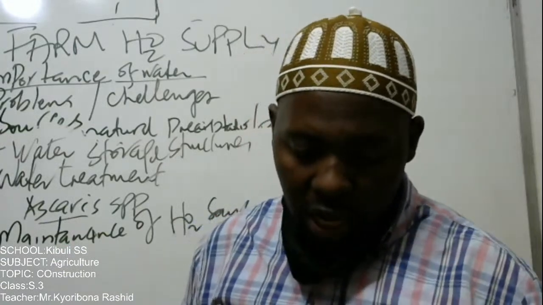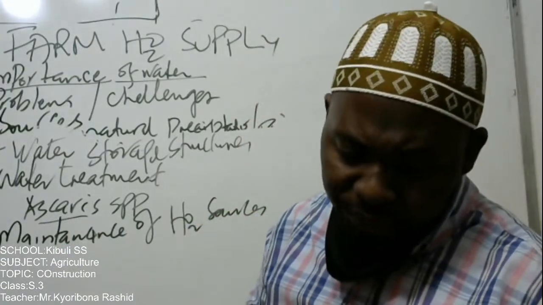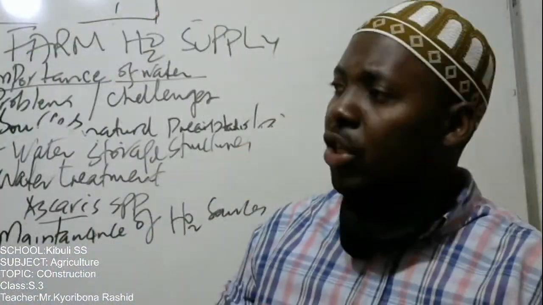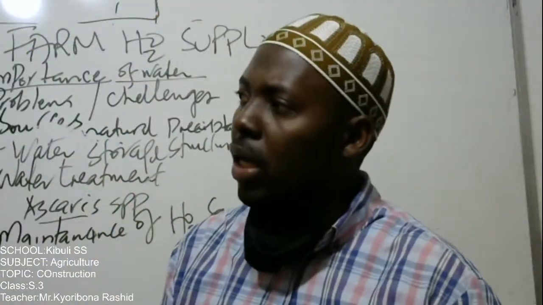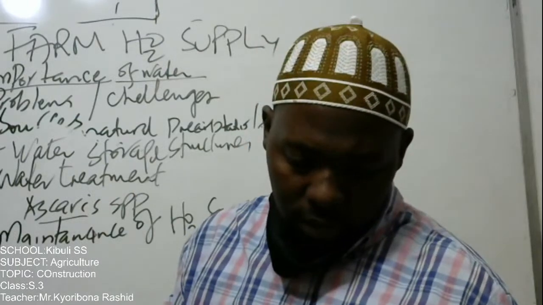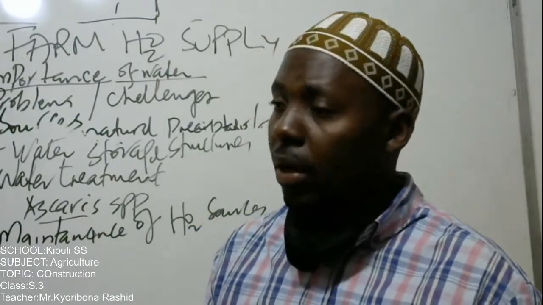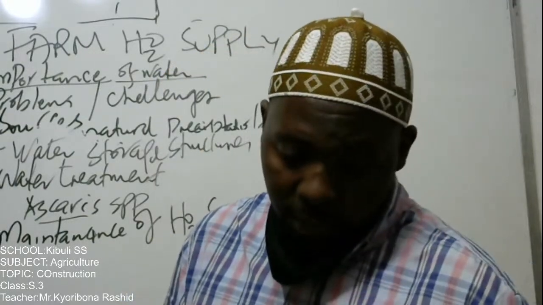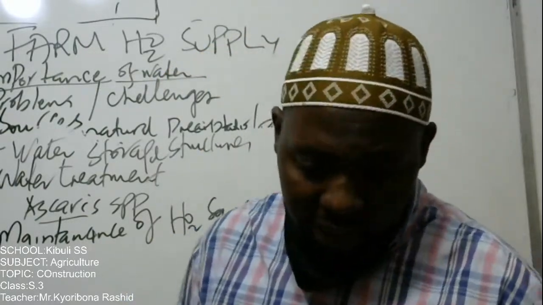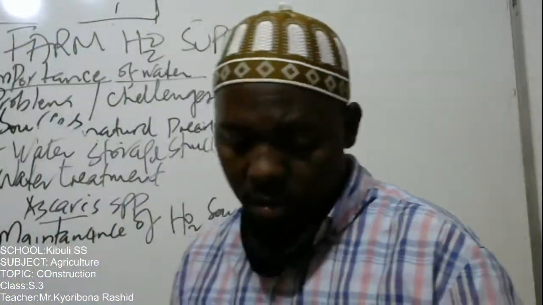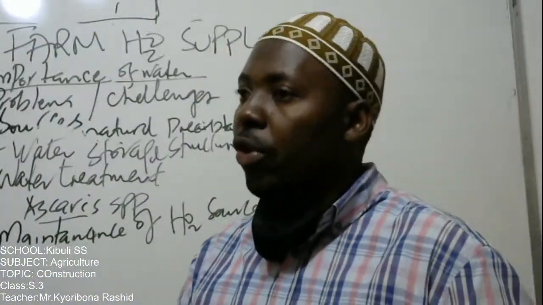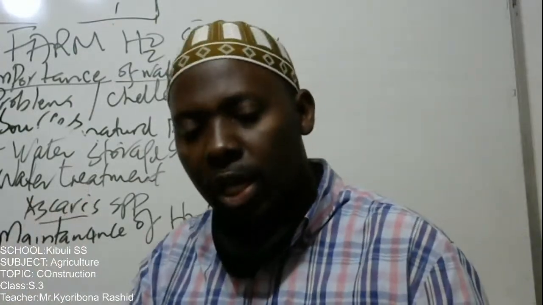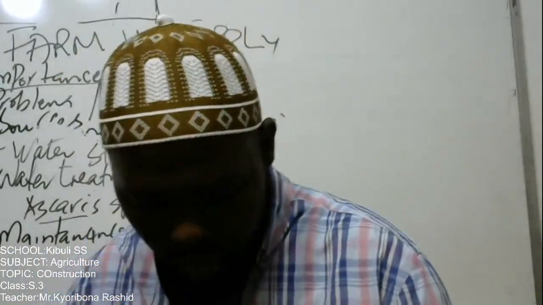Okay, the tanks should be supported, and should also be clean. We clean the water sources, like the tanks, the containers, jerry cans, where we keep water on the farm. Then grass should be planted around the water sources, and the grass that grows around the water sources should be kept short. Why?